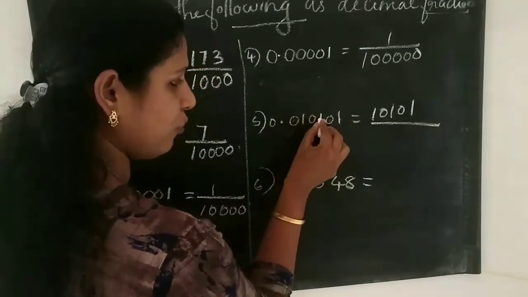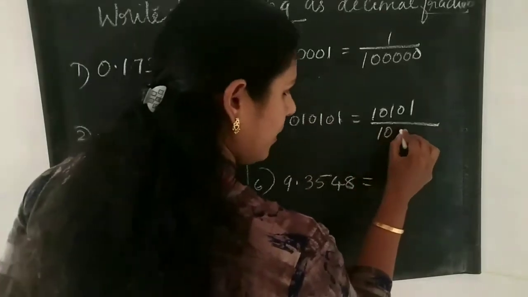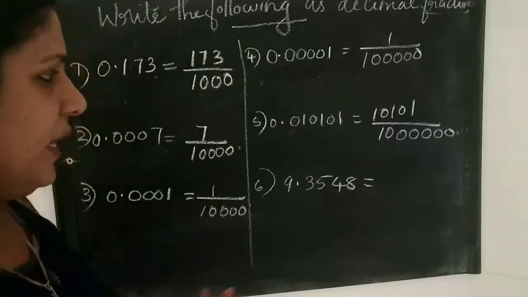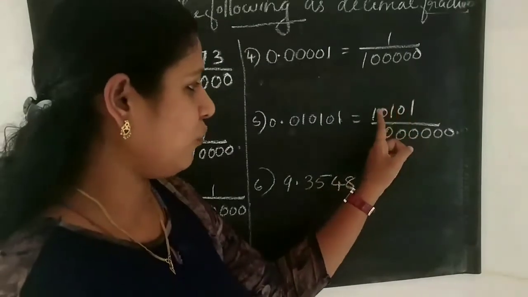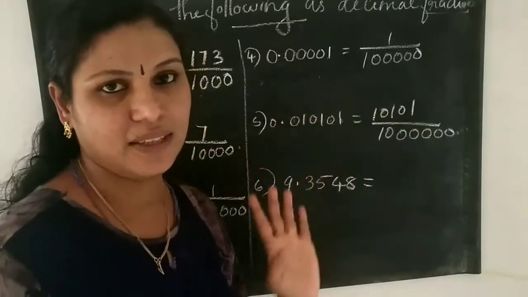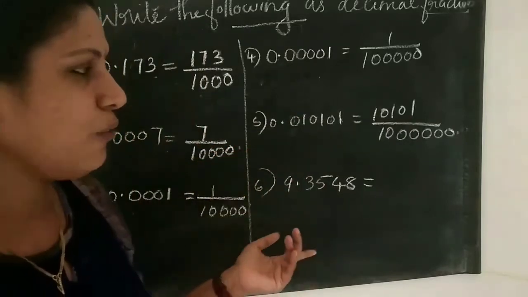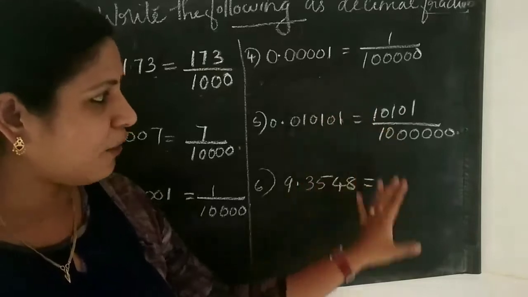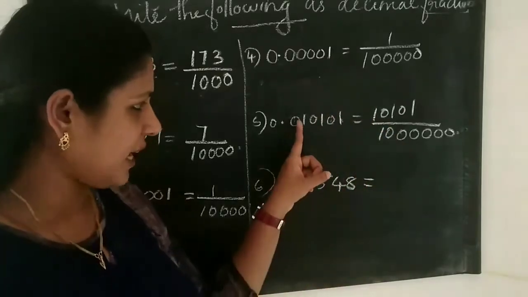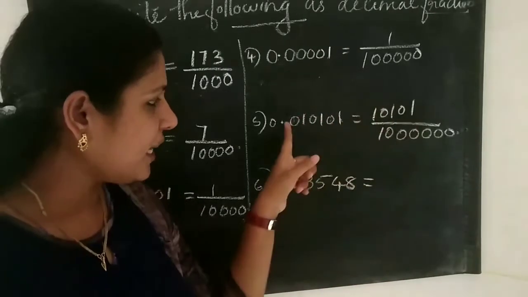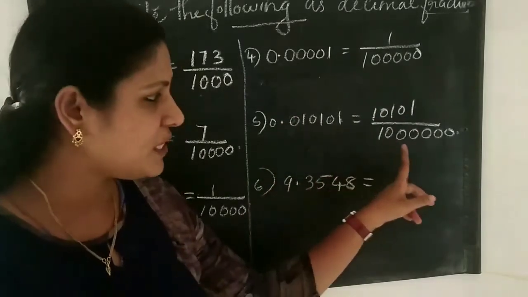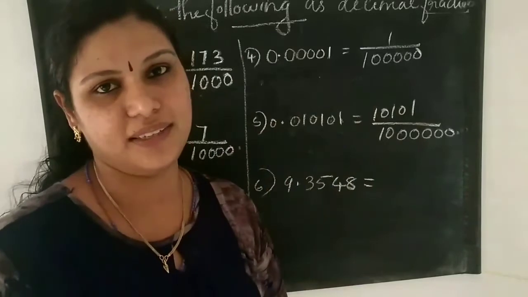Now you know how to write this in fraction form. You just write the number first, count the place value, and put that number of zeros in the denominator.